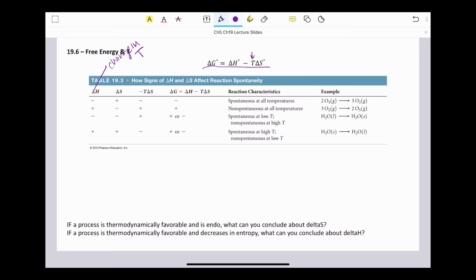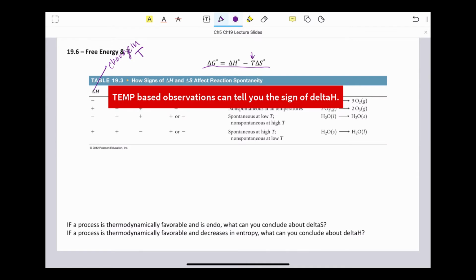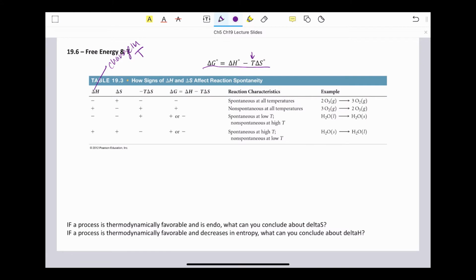That's what's going to give us clues about delta H. If the temperature of the surroundings goes up, that's because the process is exothermic and has released heat to the surroundings. If the temperature of the surroundings goes down, that's because the process absorbed heat from the surroundings and is an endothermic process. So we can evaluate delta H based on observations about temperature.